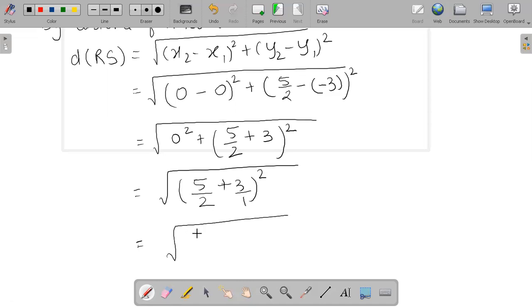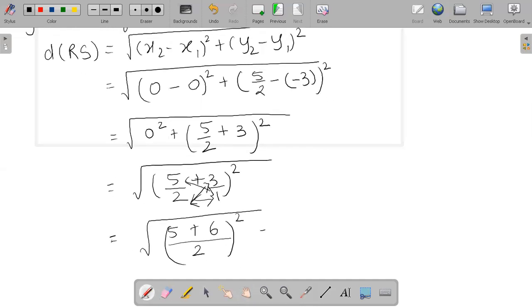So this becomes 5 into 1, that is 5, plus 3 into 2, which is 6, upon the denominator 2 into 1, that is 2 itself. So you have 5 plus 6 upon 2 and then the whole square. Is this clear? Yes. 5 plus 6 is 11 upon 2 the whole square.